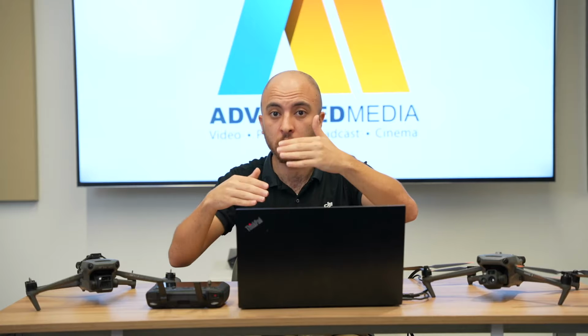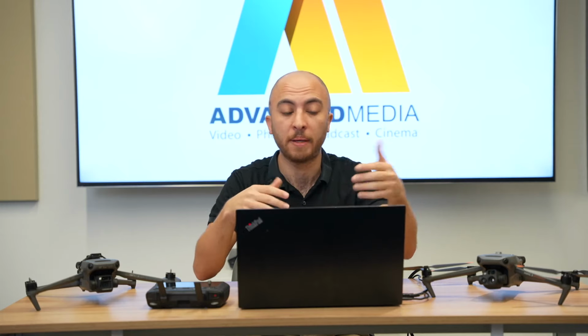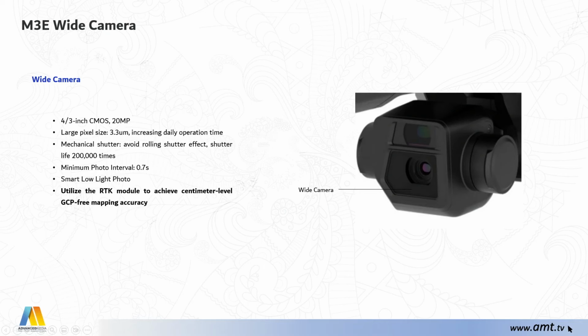And the new thing, they added the mechanical shutter, which is really good for avoiding the rolling shutter distortion, which will happen if the drone is moving fast or at high speed. So it's a really good add-on to the drone, the mechanical shutter.